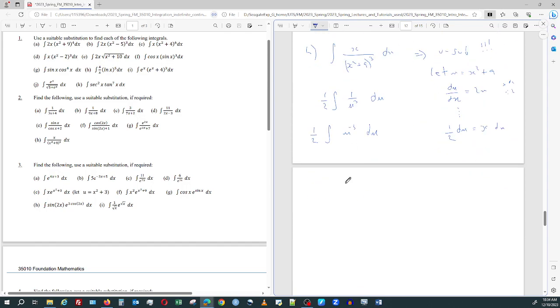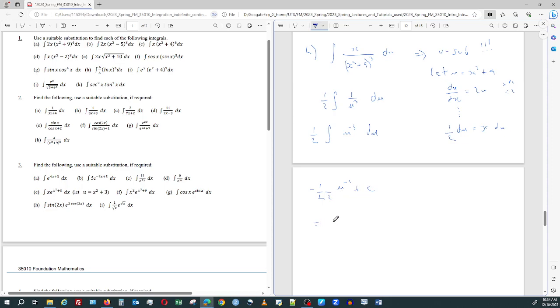So minus 3 plus 1 is minus 2, divided by minus 2 means that we've already got a half out the front. So we're going to have a 1 half divided by 2. And so it's going to be on the bottom, divided by 2 plus c.